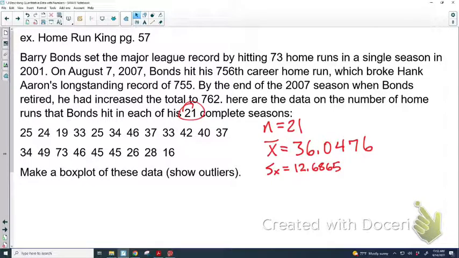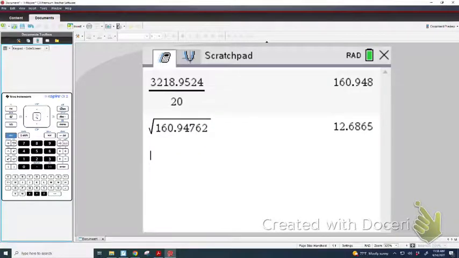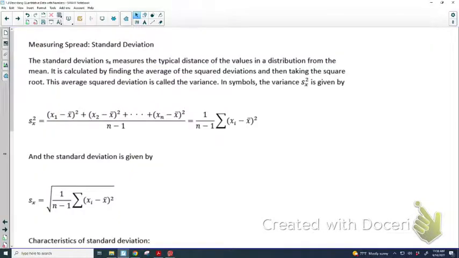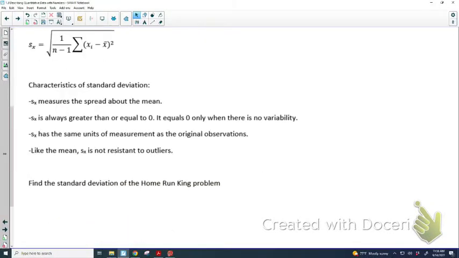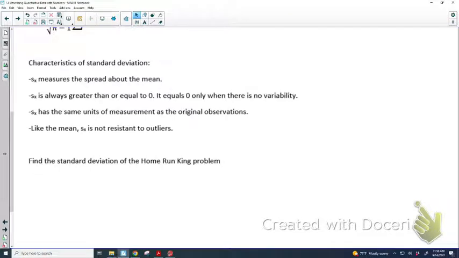So at the very end of your notes, or on that page, let's wrap this up. Find the standard deviation for the home run king problem. That is 12.6865 home runs. It does have units, whatever you were counting or measuring.